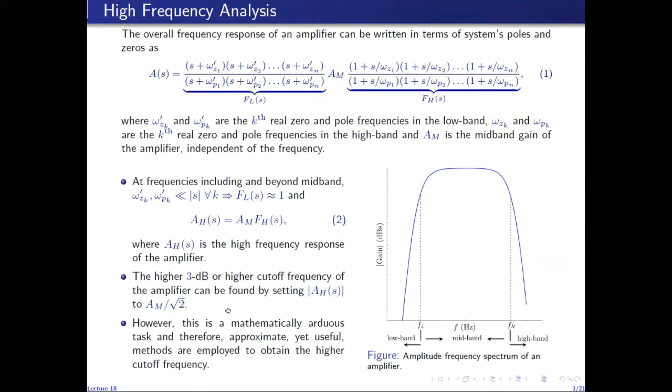But most of the times, solving the magnitude of the response at this value is a mathematically laborious task, which is why we are going to discuss a couple of approximate yet very useful methods which can estimate the higher cutoff frequency of the amplifiers.